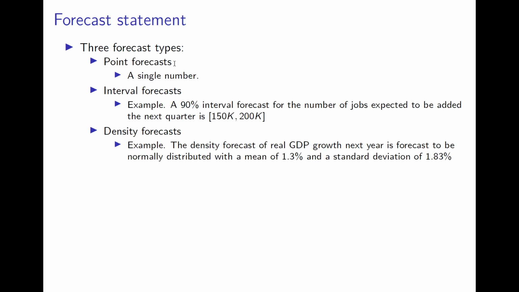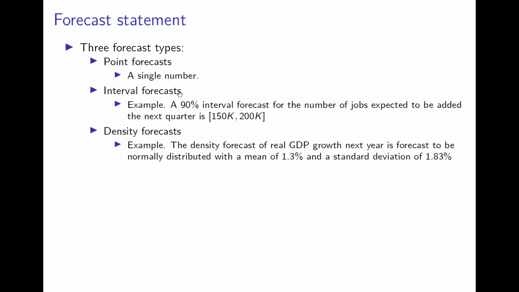That's your best guess, and it's just a single number, a single point on the real number line. You can do better than that. A single number is not so bad, but every one of these estimates, like beta 1 hat, comes with some uncertainty, some measure of confidence or precision that is attached to it, and we'll stretch that into interval forecasts.